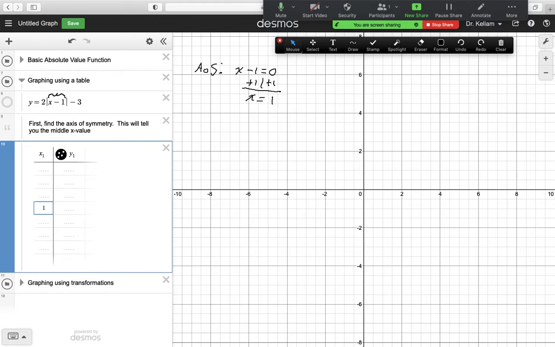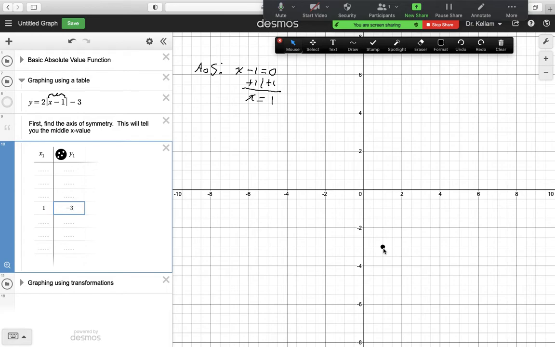And what we do to figure out our y values is we take our x value and we put it in. So 1 minus 1 is 0. The absolute value of 0 is 0. 0 times 2 is 0. 0 minus 3 is negative 3. And this point is actually our vertex.